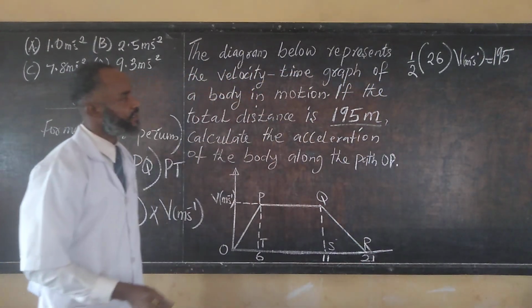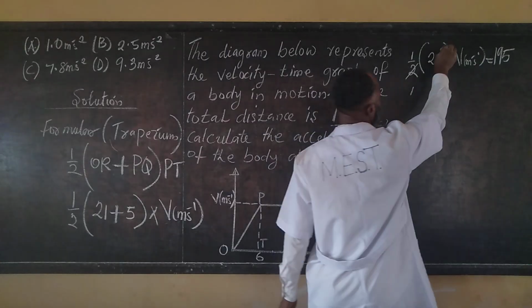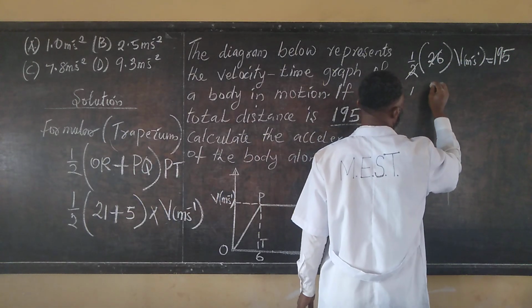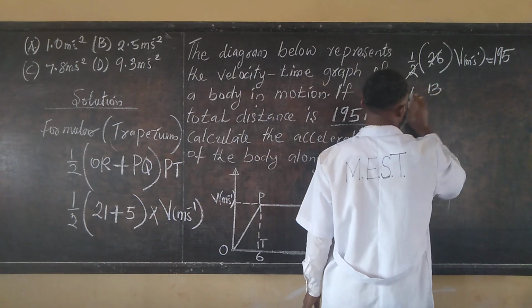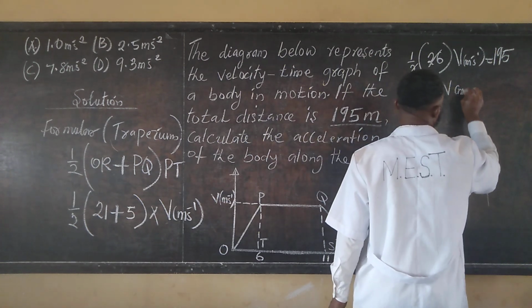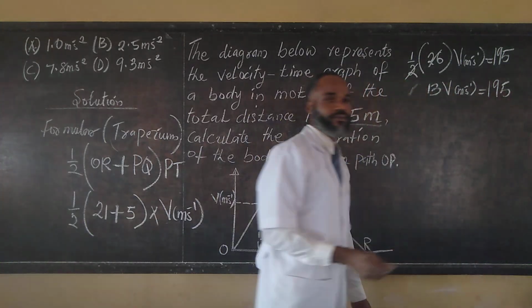So 2 divided by itself is 1, 2 divided into 26 is 13. So we have 13 times V meter per second equals 195.